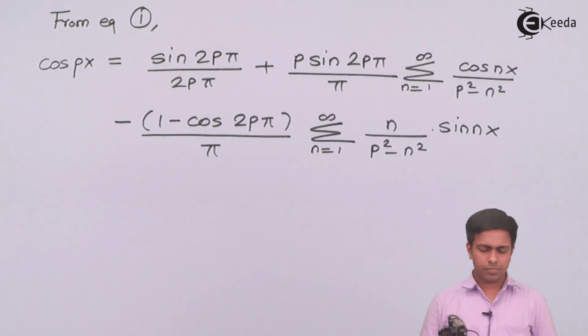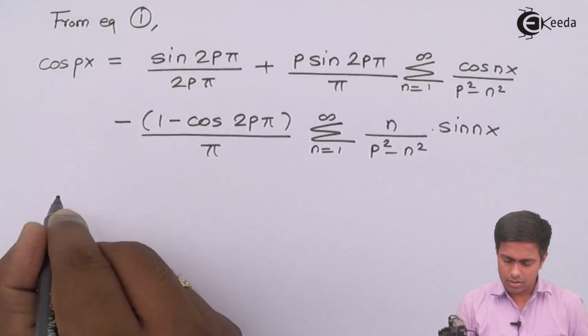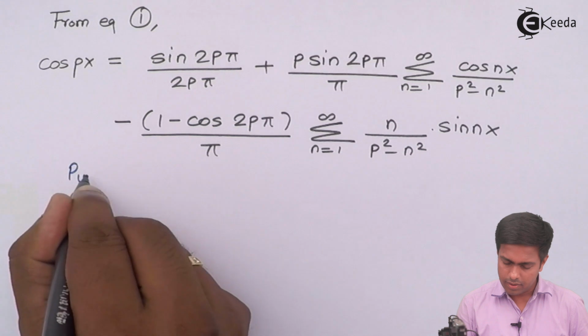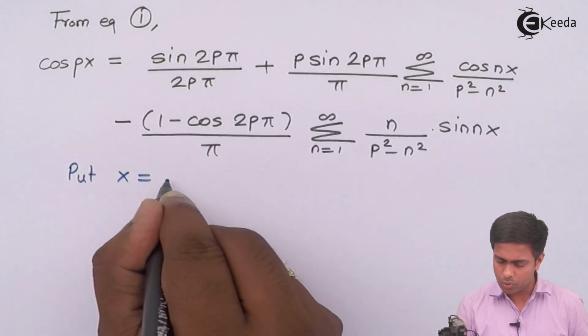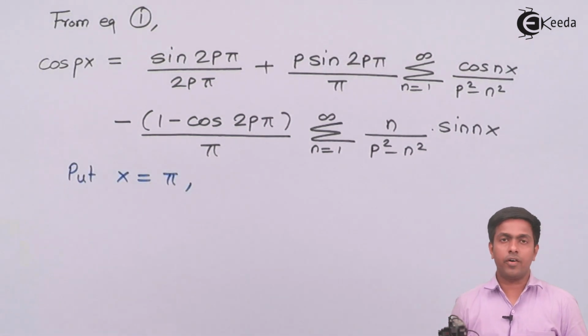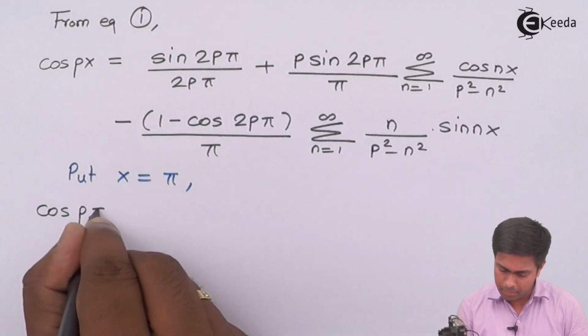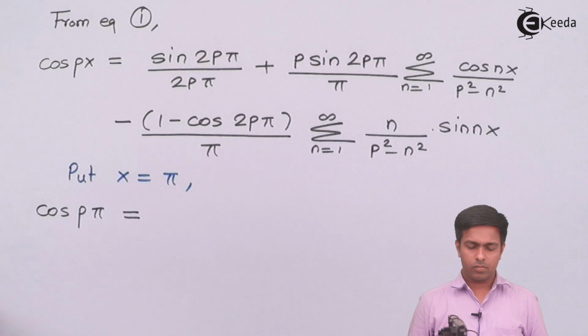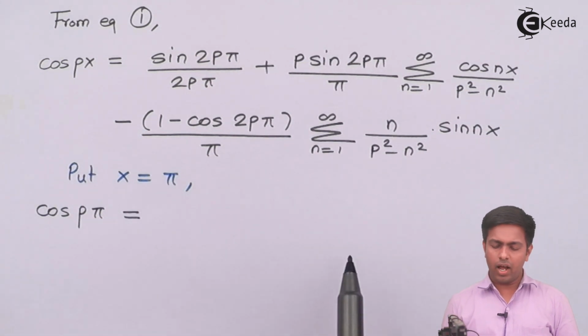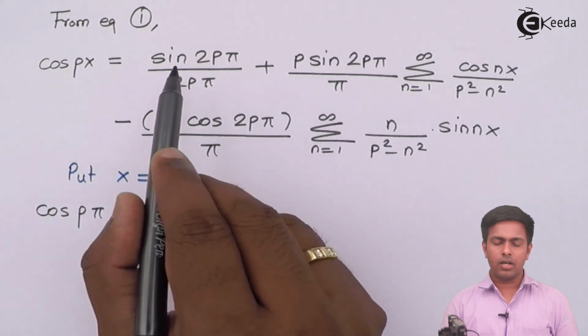So let's start. Put x equal to pi. So here we will get cos of p pi equal to, now what do we have here?